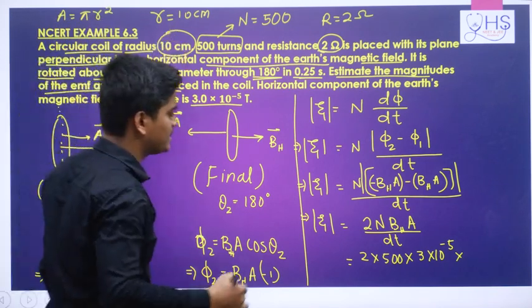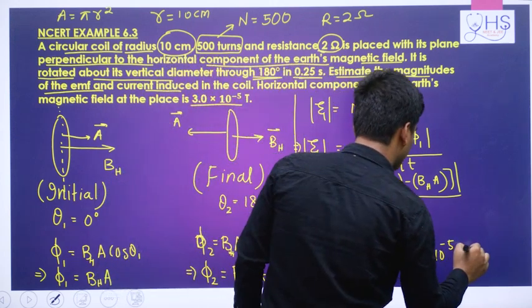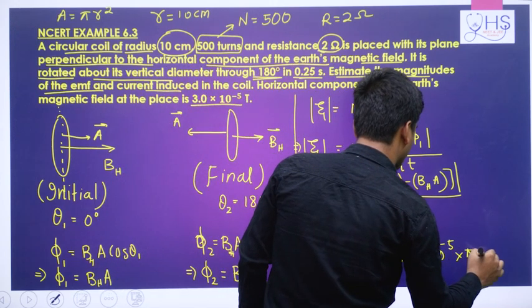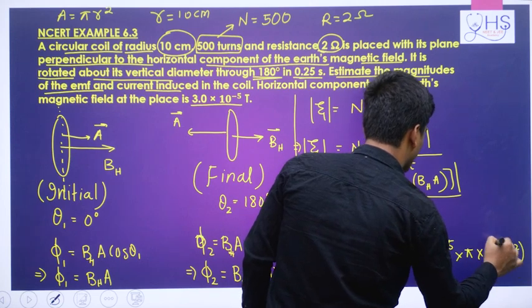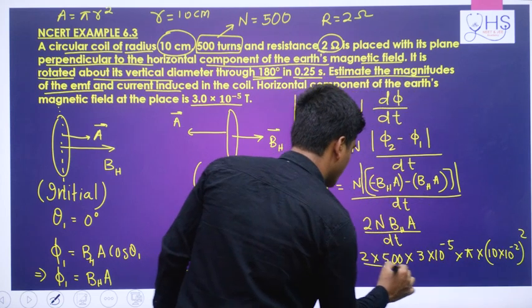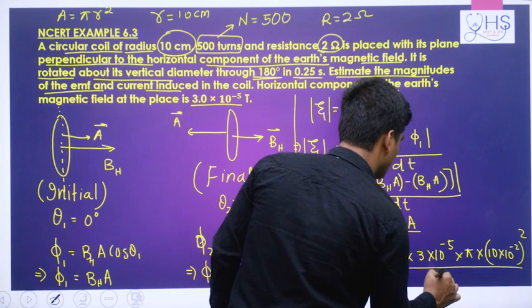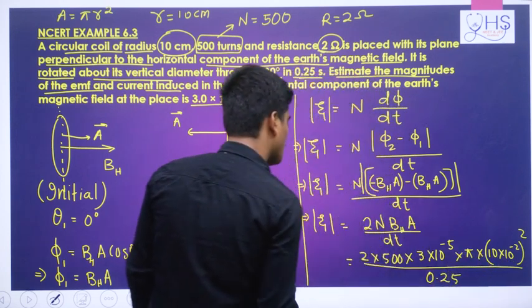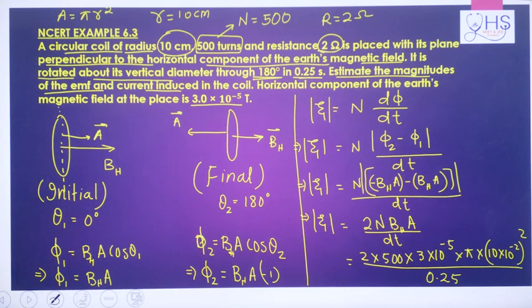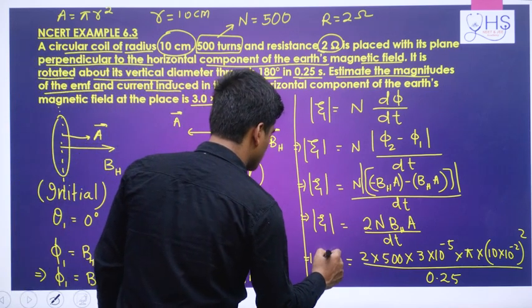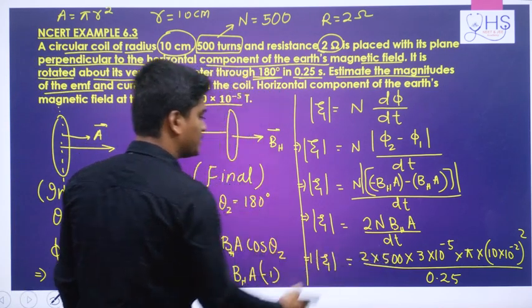Now r is 10 centimeter, so pi into (10 into 10 to the power minus 2) squared, divided by 0.25. So I am getting 2nBHA by dt, and if I substitute all the given values, my EMF is like this.